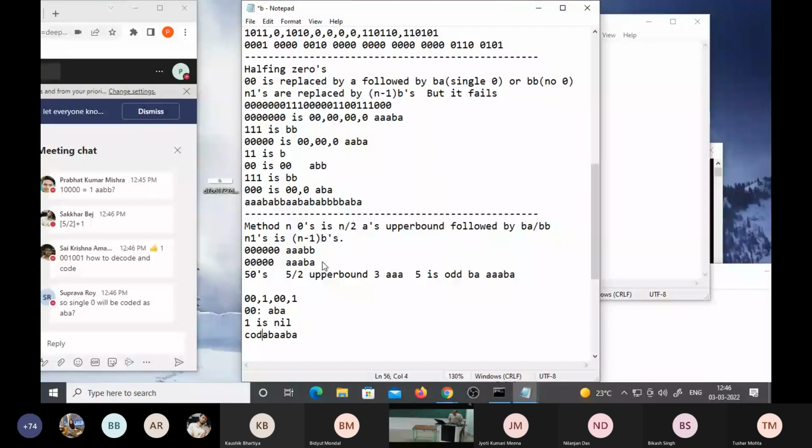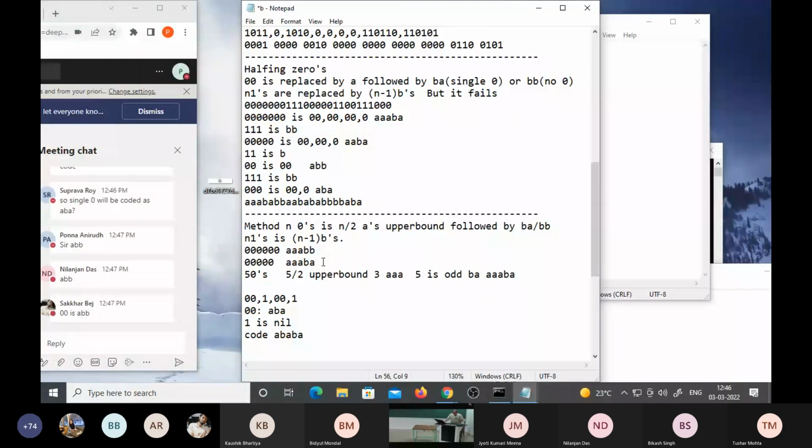Let us see how we decode it. Yes, that is correct. Now, how to decode it? We shall find A. Afterwards, we shall see 2 letters, which is BB.